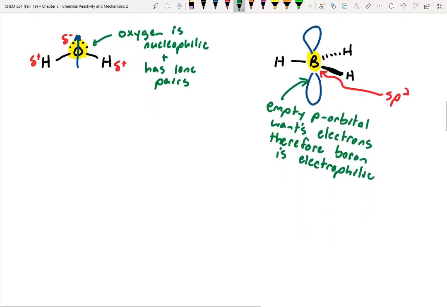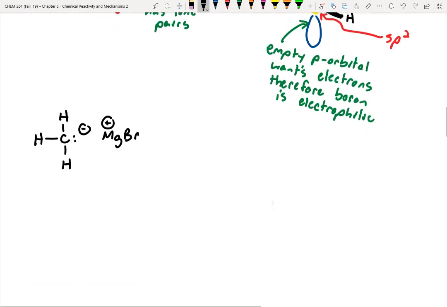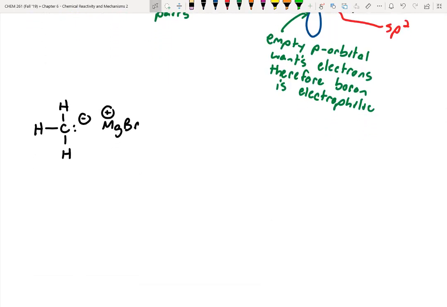All right, so that makes sense. Let's do a couple more. Let's say I've got this molecule over here. This is one of my favorite reagents. Which portion do you think is going to be the nucleophile? You think it's going to be the carbon, hydrogen, magnesium? What would be the nucleophilic atom here? Carbon, right?